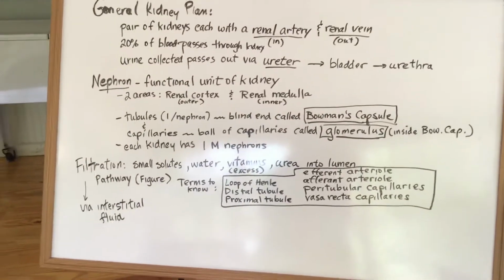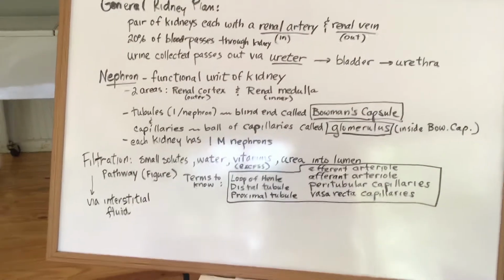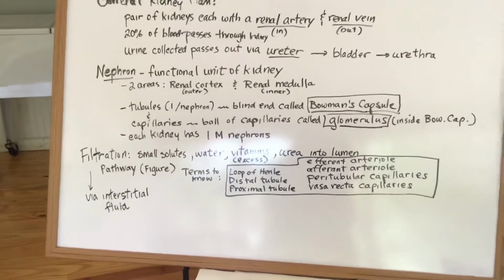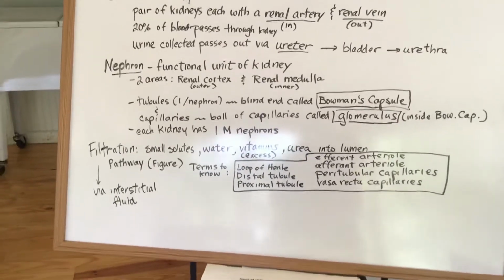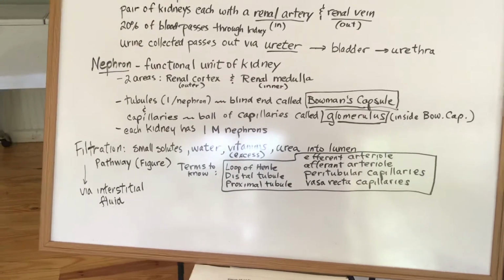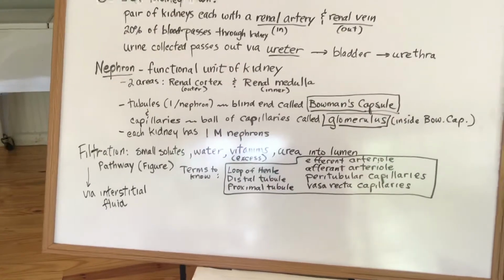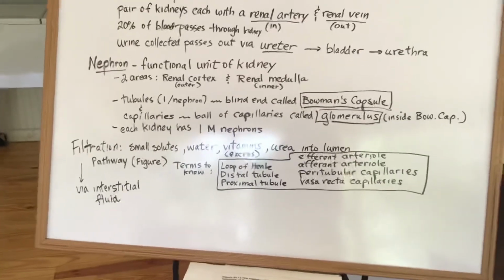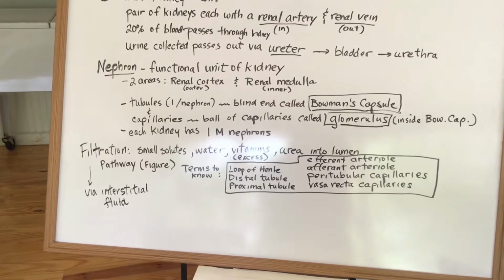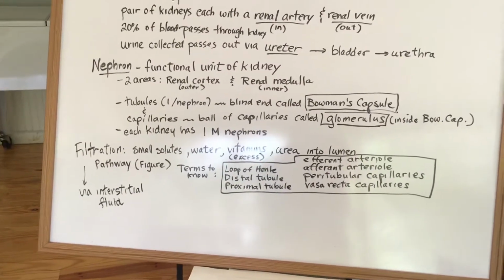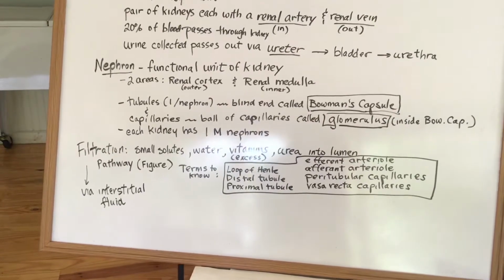First, starting with filtration, small solutes, water, vitamins, urea are all going to enter into the lumen or the collection duct. We're going to go over the pathway, but right now, make a note of all these terms that you need to know. Everything that is in a box is the vocabulary word that you would need to know.